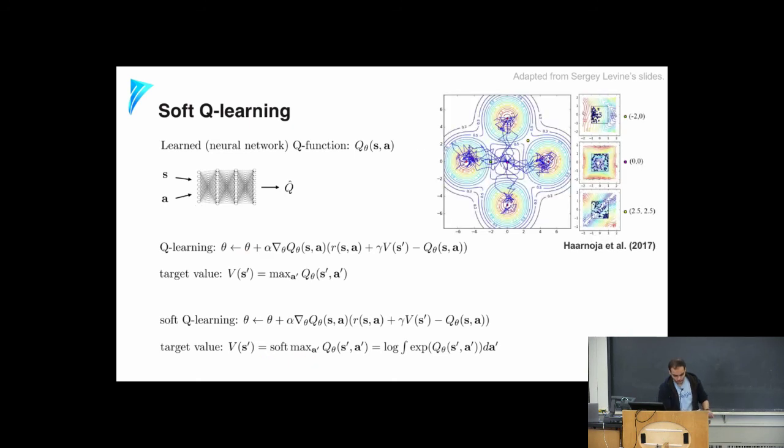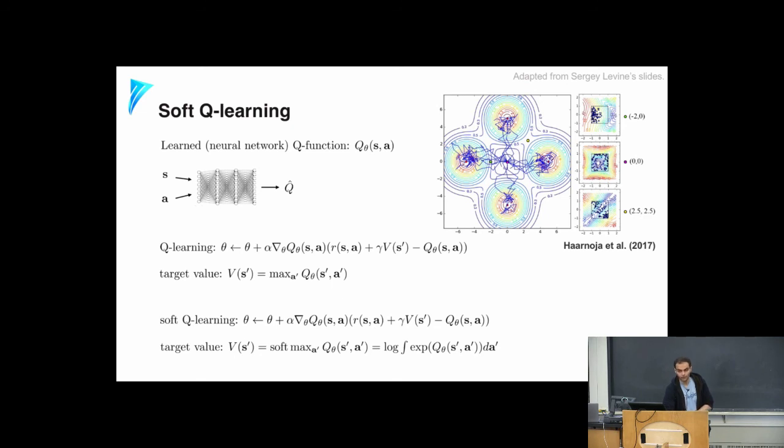OK, so this is an illustration of this algorithm applied to a simple navigation problem. We have a 2D environment. An agent starts at the origin. There are 4 regions of high reward, and they're all symmetric.